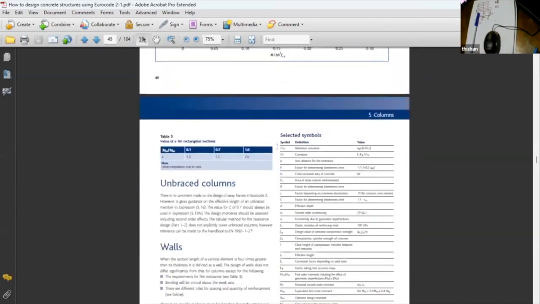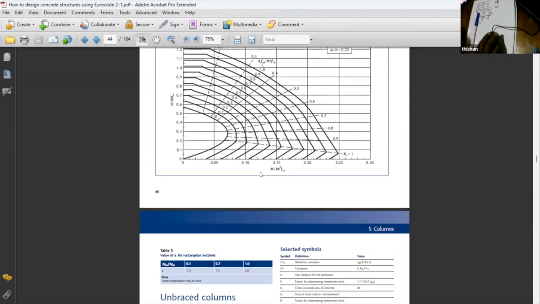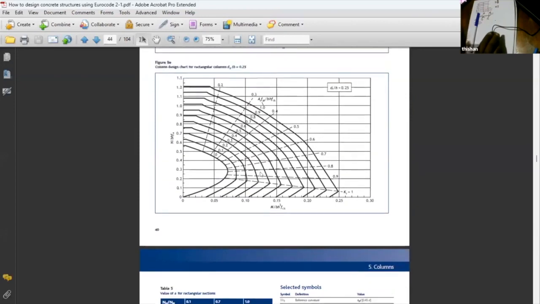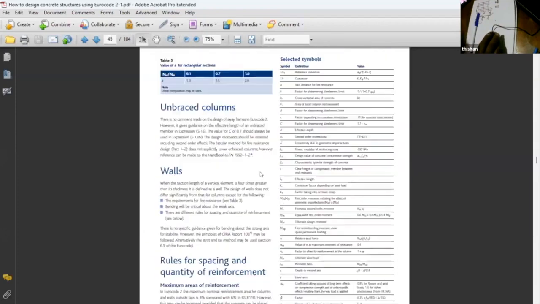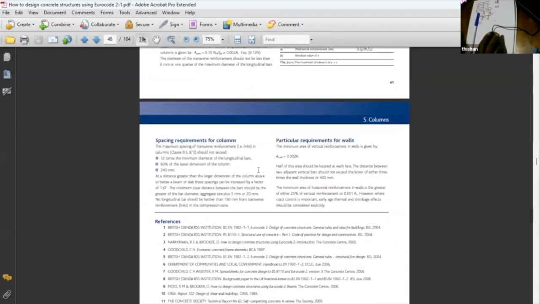It came with a simplified equation where biaxial moment can be converted to a single axial moment and you can do the design. So many engineers still do the design that way, converting biaxial bending to single axial bending. So it's all up to you to decide which way you like it.